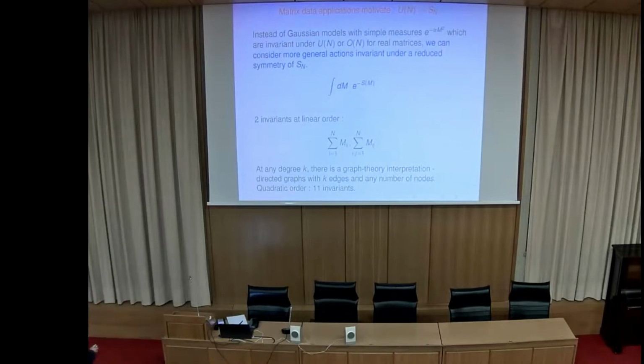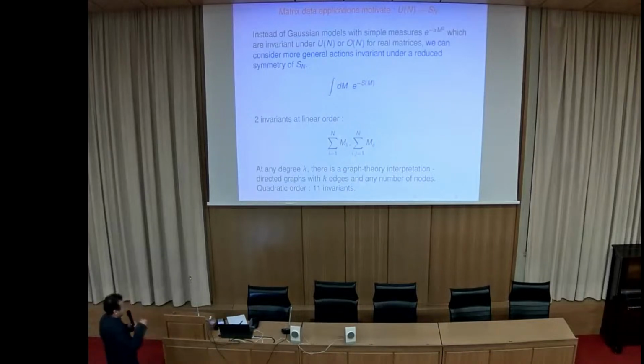So what happens then? Counting of the invariants, instead of counting traces, you're counting something very simple still. At linear order, the permutations will act on both the left index and the right index at the same time. This is the trace, which is invariant under U(N), O(N), S_N. You also have something like a sum over i, j of M_ij, because the permutations act on these indices, and you're summing over them.